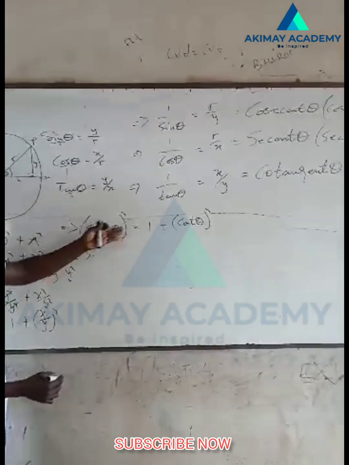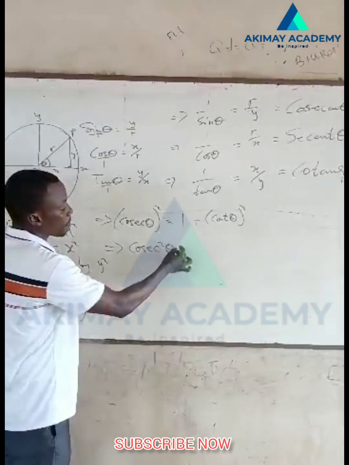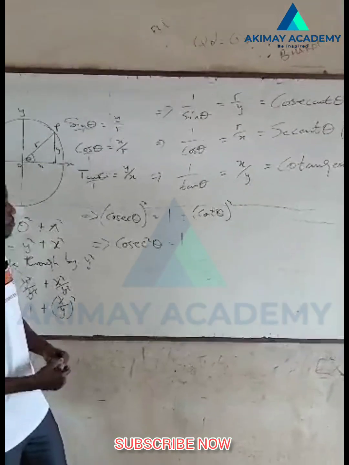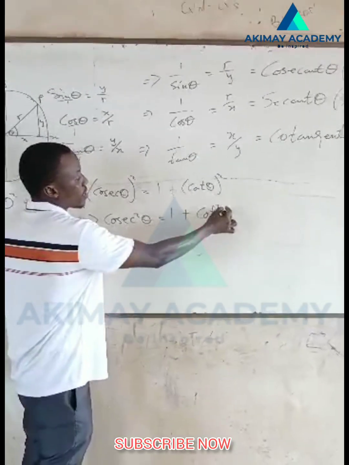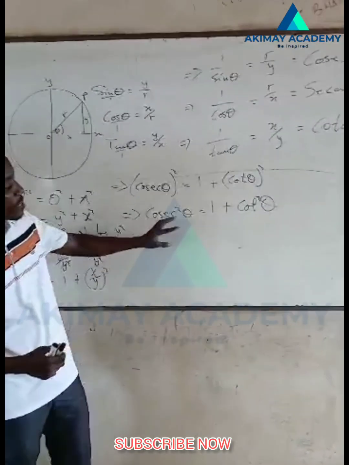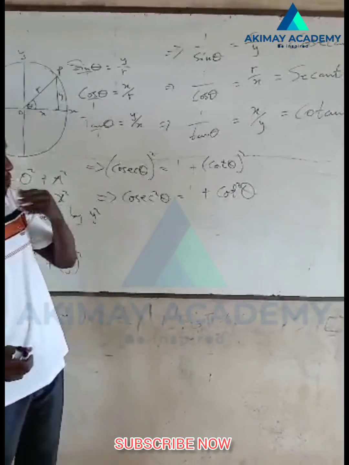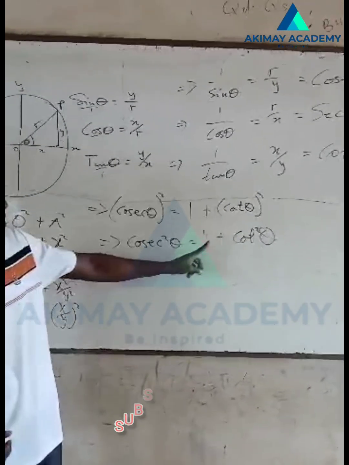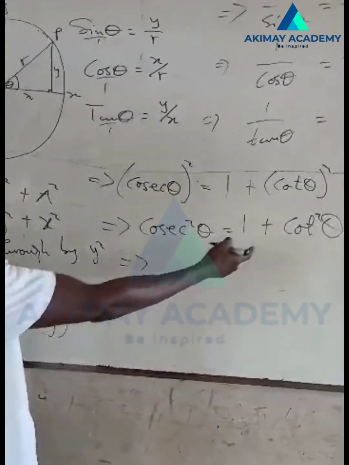So when we expand this bracket, we are going to have cosec squared theta equals 1 plus cot squared theta, and this is why we normally say that cosec squared theta is equal to 1 plus cot squared theta, or better still, you can also say that cosec squared theta minus cot squared theta is equal to 1 by bringing this one to this side.